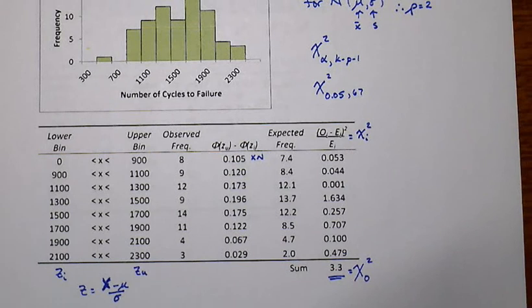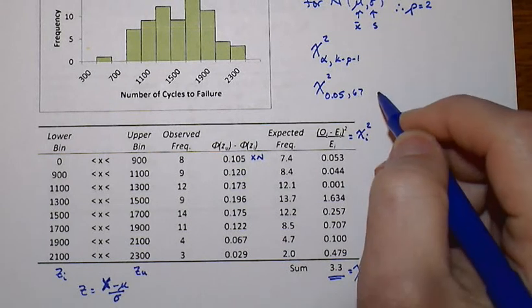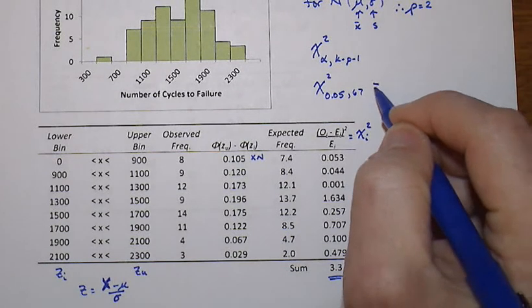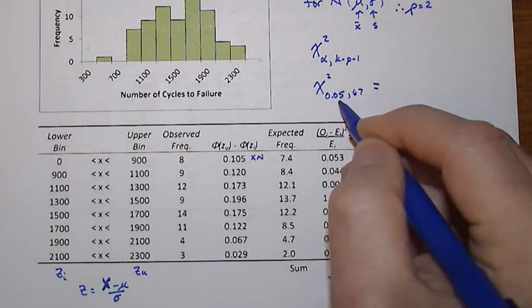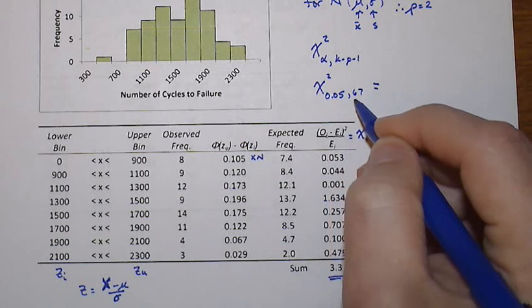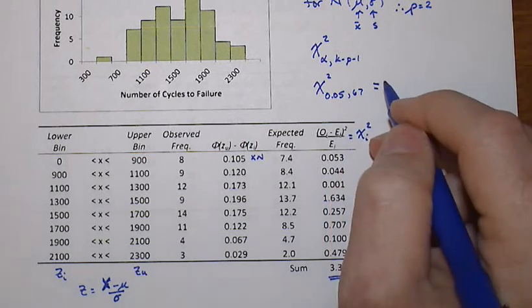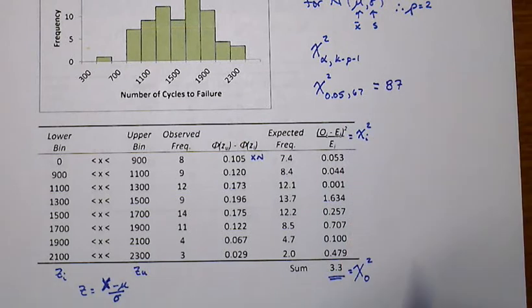Okay, so then we got to compare that to our criteria value, and that comes back up here, the chi-squared at 0.05 significance level, 67 degrees of freedom, and reading out of the tables, having to do a little interpolation, we'll get about 87.